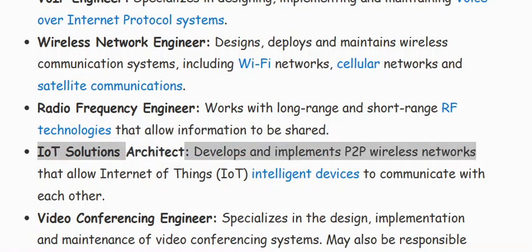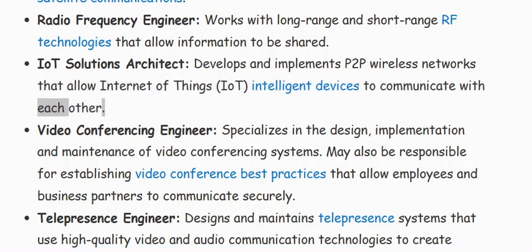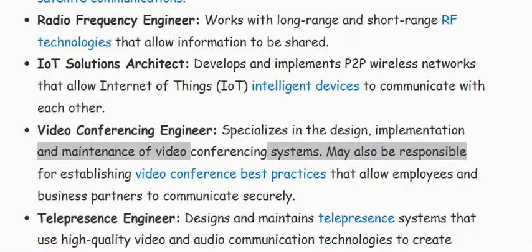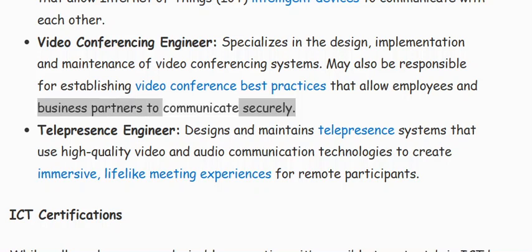IoT solutions architect develops and implements P2P wireless networks that allow Internet of Things, IoT, intelligent devices to communicate with each other. Video conferencing engineer specializes in the design, implementation, and maintenance of video conferencing systems, and may also be responsible for establishing video conference best practices that allow employees and business partners to communicate securely.